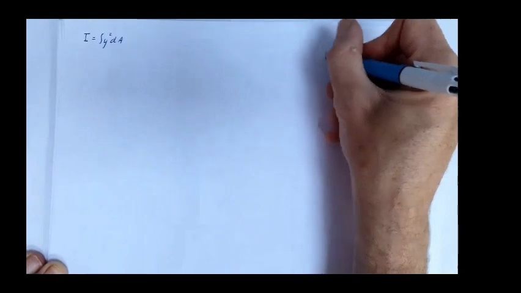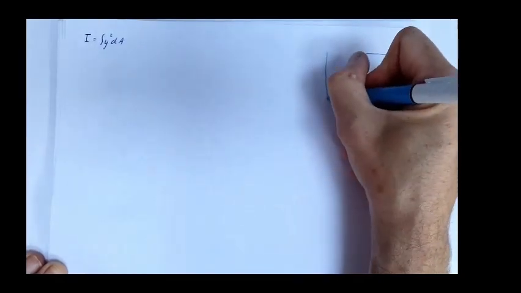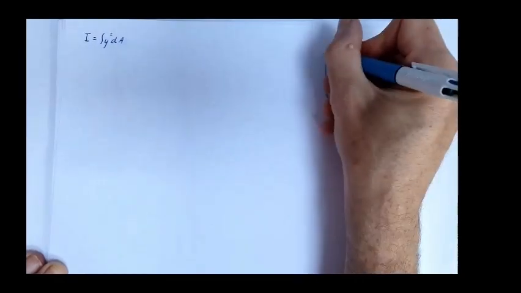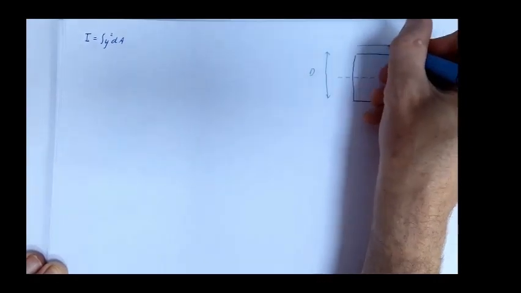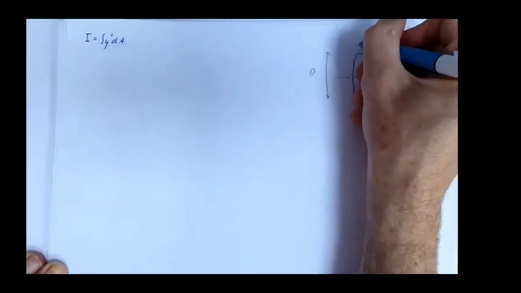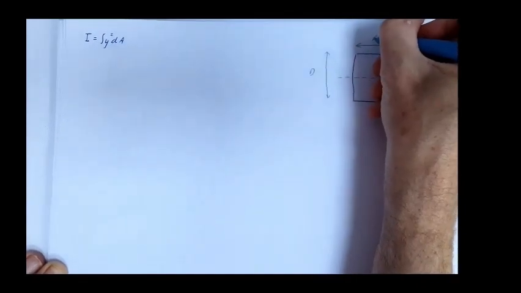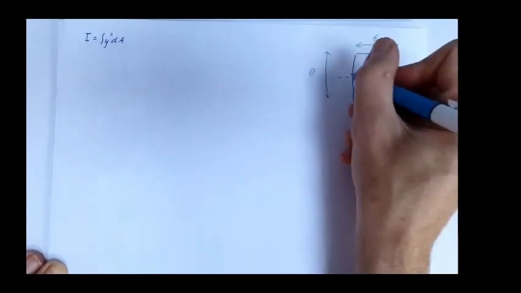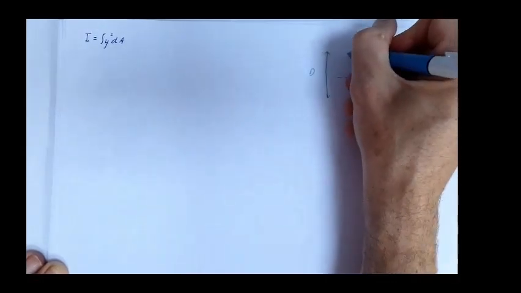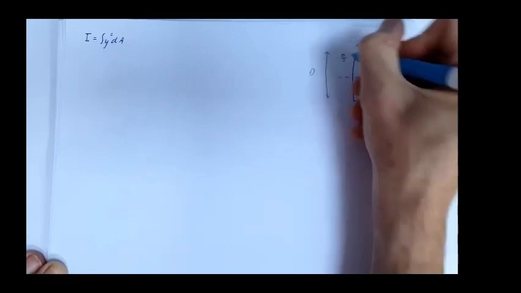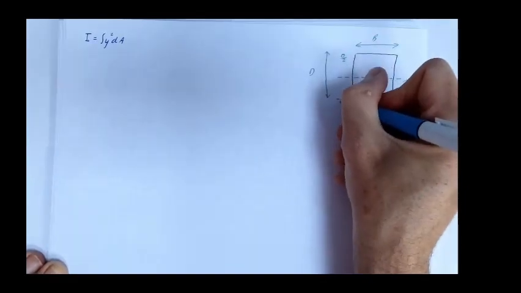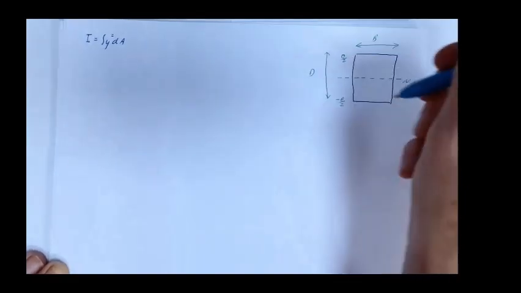This is d meters high, and that's the depth, and b meters across. It is the breadth. Okay, the origin is in the center here, so this must be d over 2 at the top and minus d over 2 at the bottom.